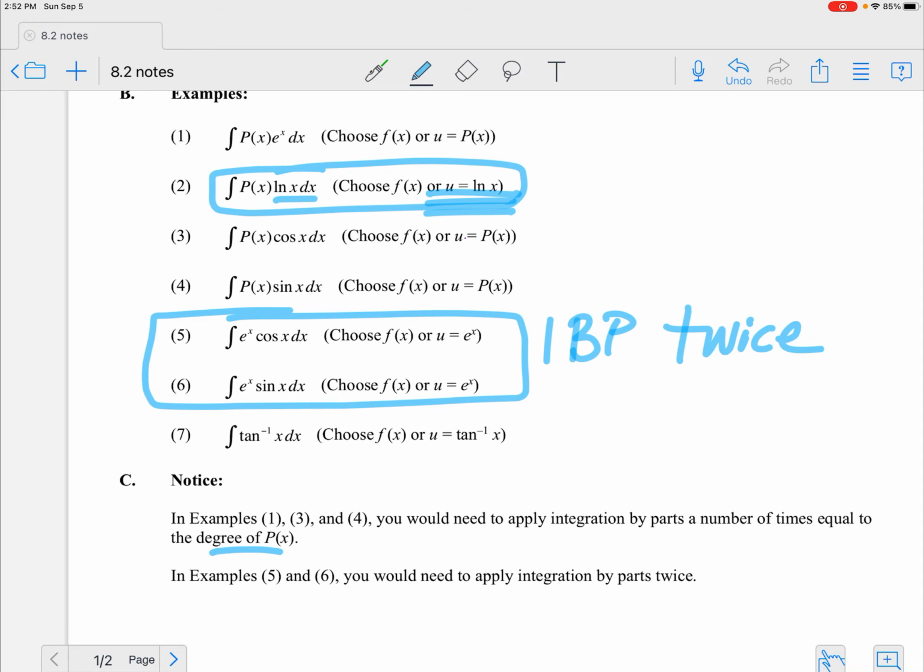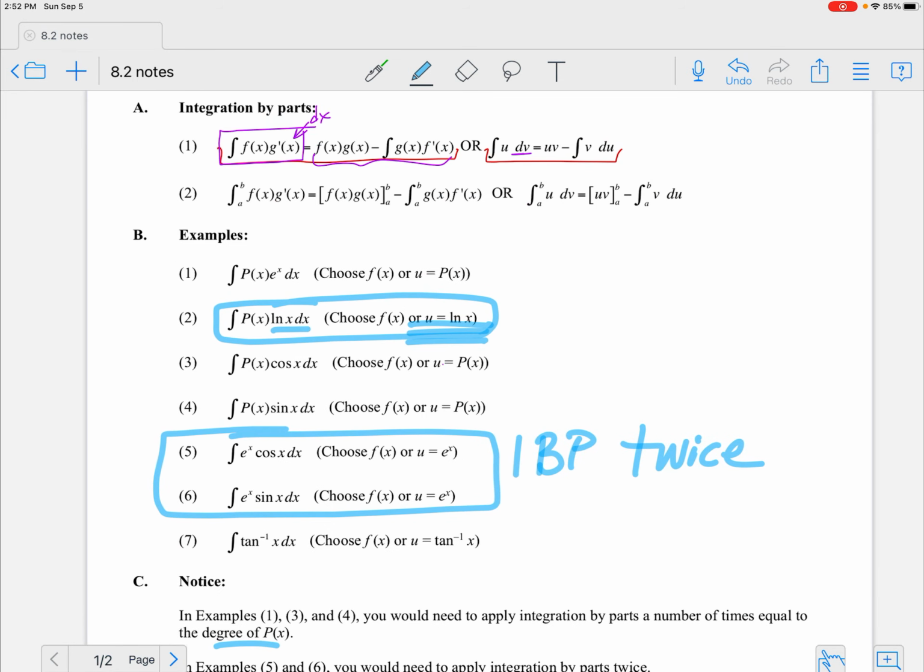Because my goal here, let me squeeze this back down. My goal here is I right now have something that I can't take an integral of. So if I have a polynomial, I have to get rid of those exponents of that polynomial so that it's something that I can actually work with. Okay. All right. So here I just wanted you to see there's the basics of what it is that we're doing.